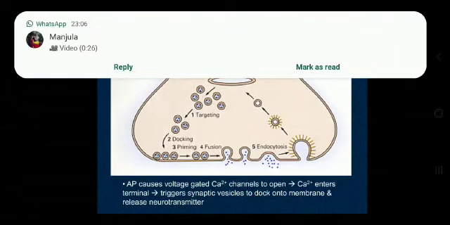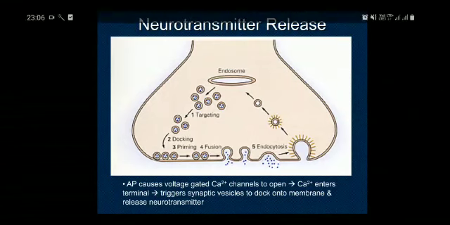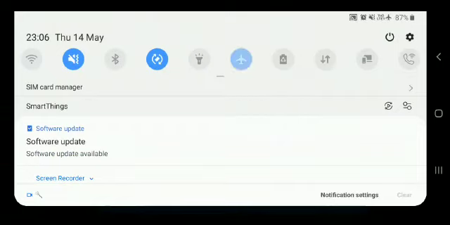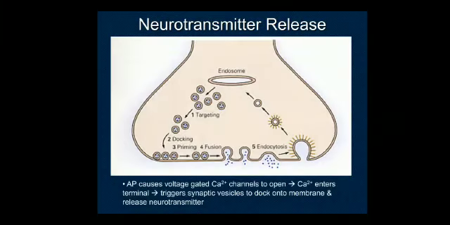So here what will happen: first, when there is a stimulus, or when an action potential is generated in the presynaptic membrane, that travels through the presynaptic membrane, and due to depolarization there will be opening up of so many calcium channels.